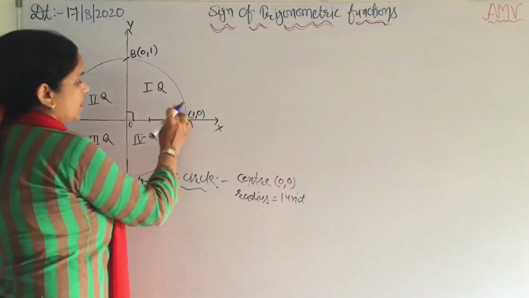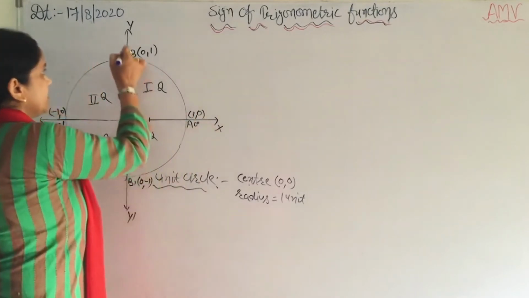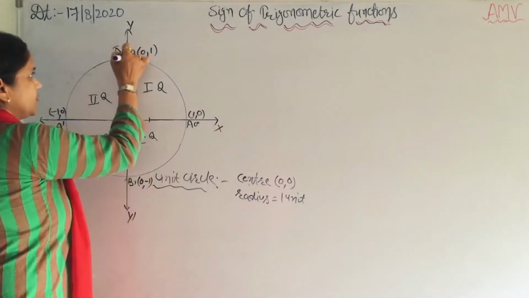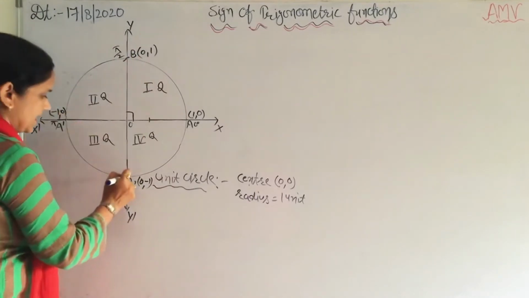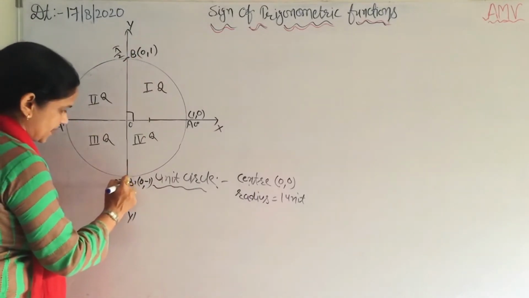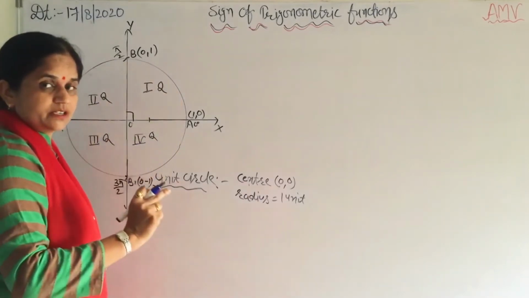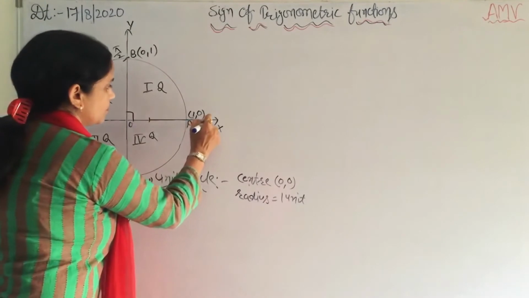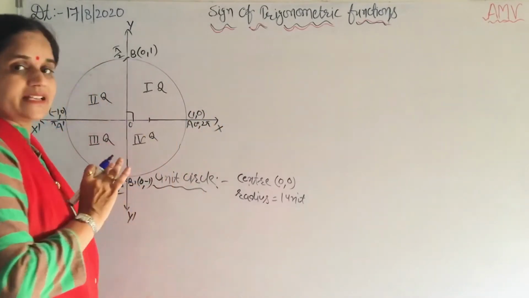Now according to radians, here it's 0 degrees, here the angle is pi by 2, here you can write pi, and this is 3 pi by 2. A complete revolution is equal to 2 pi. Okay, clear.